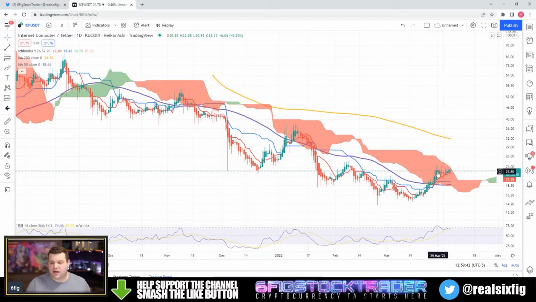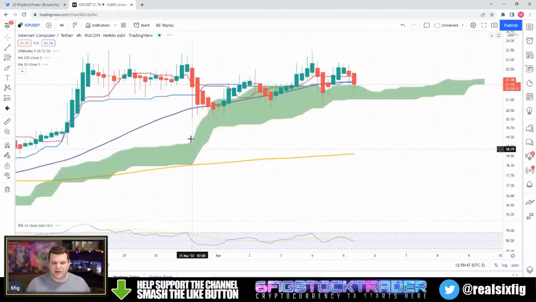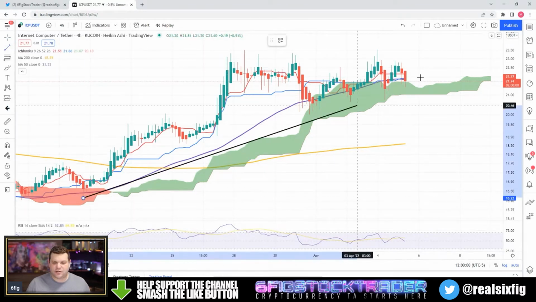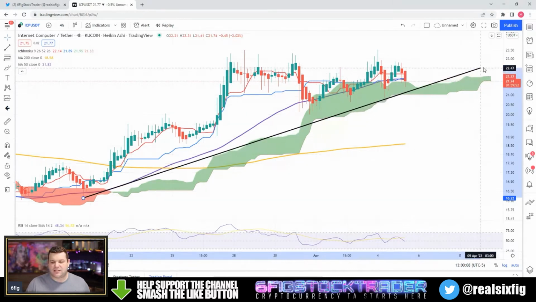We can see that right now, ICP, I think it's fair to say, the lows are getting higher and the highs are staying stagnant right about $23-ish, somewhere in there. Now, there was a huge shakeout yesterday with this candle here, but for the most part, things have kind of gotten back to normal.